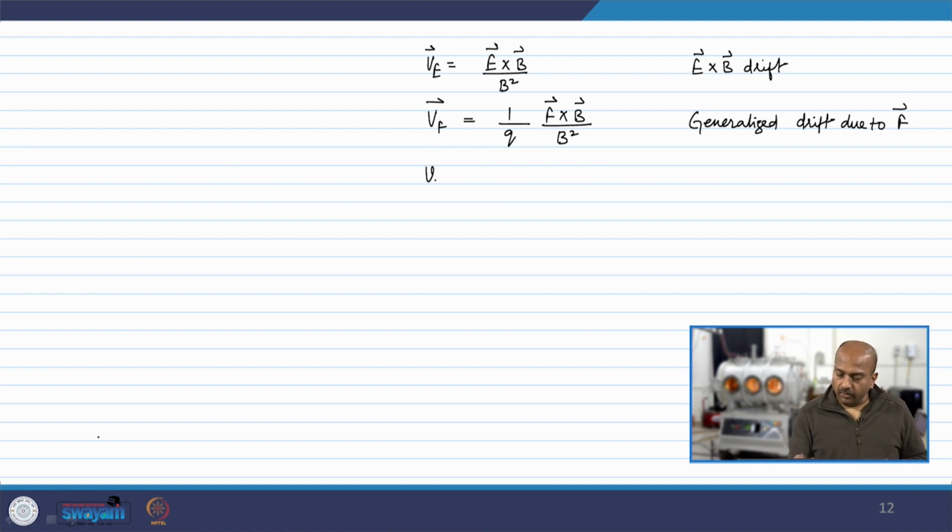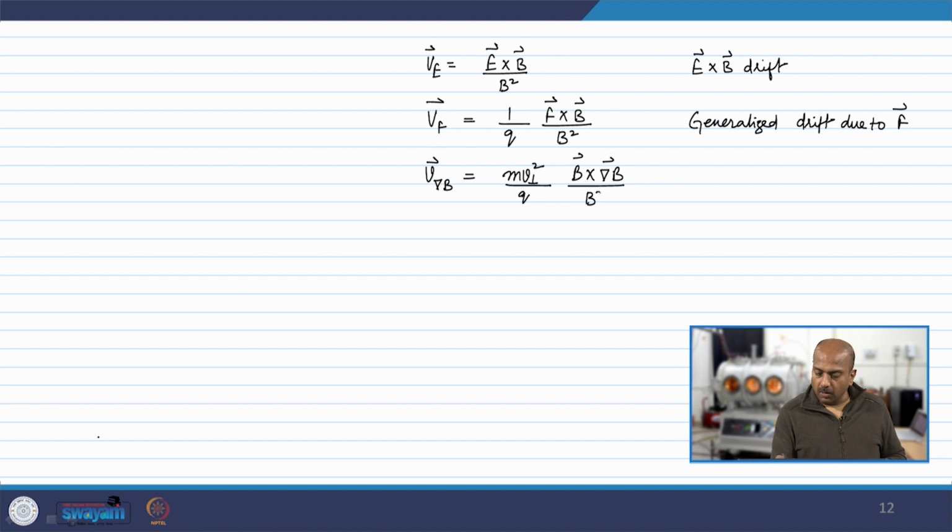Then we define what is V del B, which is m V perpendicular square divided by q times B cross del B by B square. This is a more important drift which is called as the gradient drift.